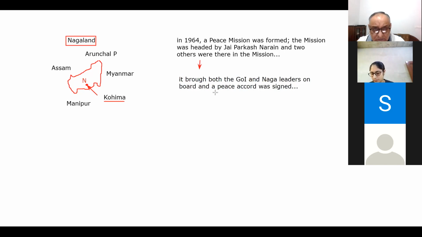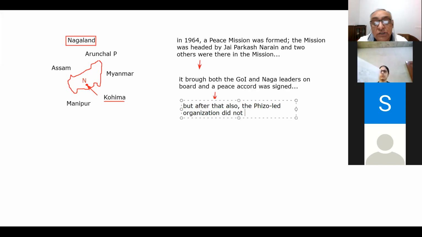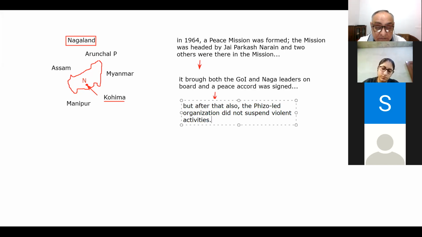But even despite signing the peace accord, right, the Fizo, after that also, ऐसा लिख लेते हैं, we can say the Fizo-led organization did not suspend violent activities or violence.